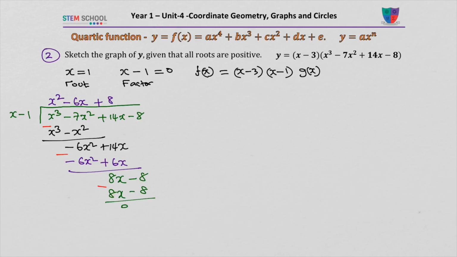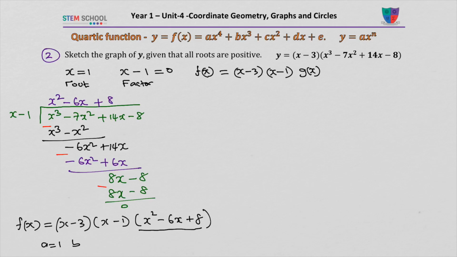So now I've got f of x equals x minus 3, the first factor, and the second factor, x minus 1. And I've got my quadratic that was left, x squared minus 6x plus 8. Now what I need to do is to factorize the quadratic, where a equals 1, b equals minus 6, c equals 8.